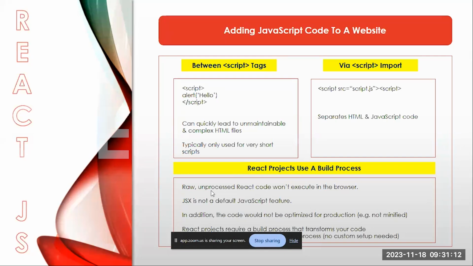In addition, the code would not be optimized for production. There is no minified file like that, so we need to build them. React projects require a build process that transforms your code, so you need to build your code with such a build process.